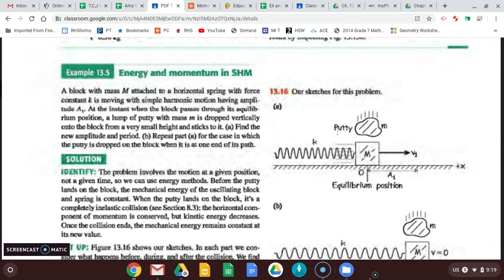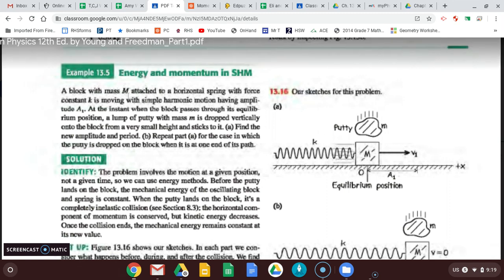And what we have there is a collision. And anytime we have a collision, what should pop into our heads is possible conservation of momentum. And that would be an inelastic collision since it sticks to it, as it says here. All right, the first thing we're asked to find is the new amplitude and period.